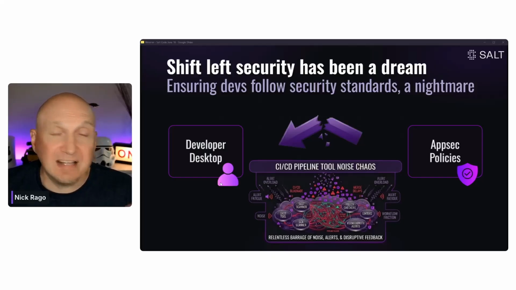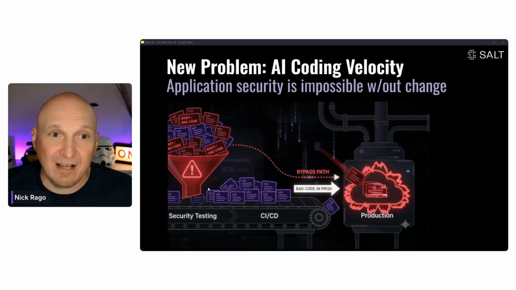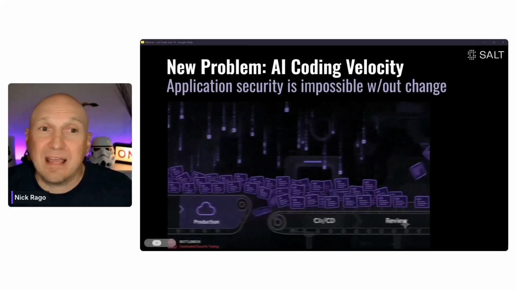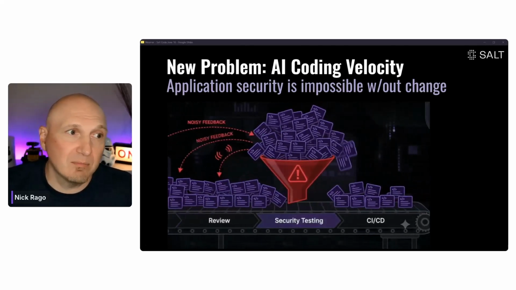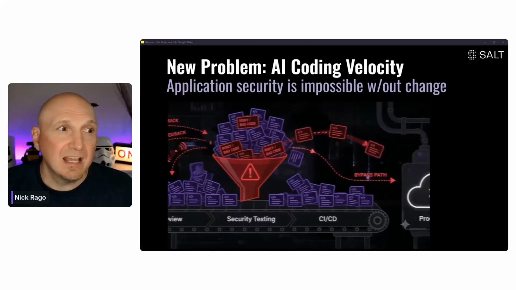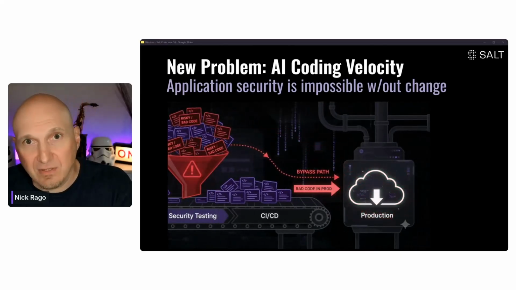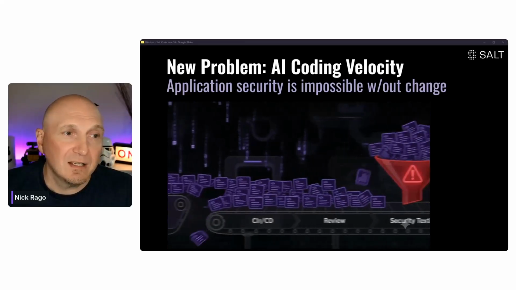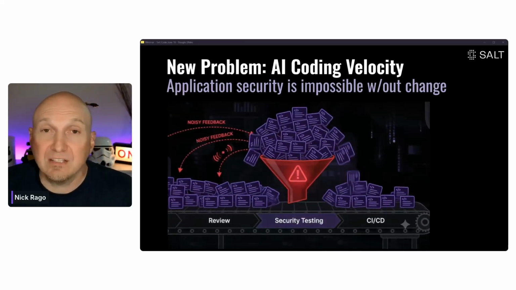Now, that is the current state of the world, or the state of the world before coding agents. Now we have a new problem. It was bad before, but now AI coding velocity is making the problem much, much, much worse. And if AI is now generating, or first drafting, or greenfielding code in the large enterprise, waiting for runtime means it's already too late.